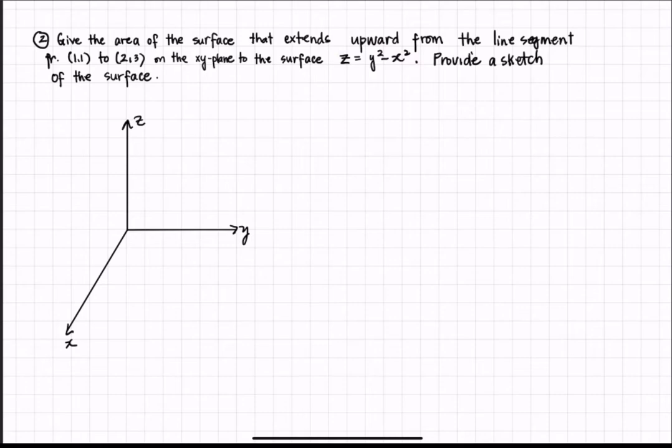Pag pinalitan mo ng values sa itong mga y, you get parabolas. If you treat x as a constant or you replace x by some number, you get parabola. If you replace z by some number, you will get two intersecting lines or hyperbola. So, anong quadric iyon? Ano sa tingin ninyo?